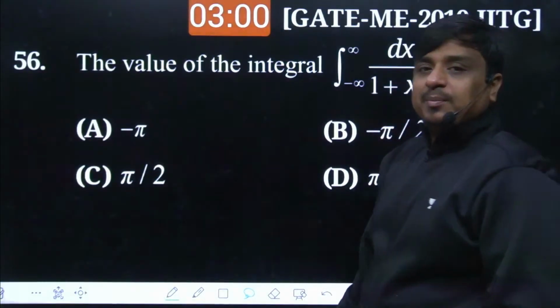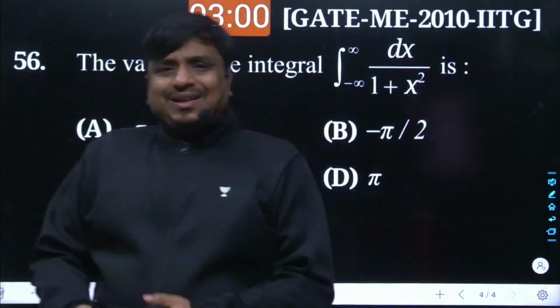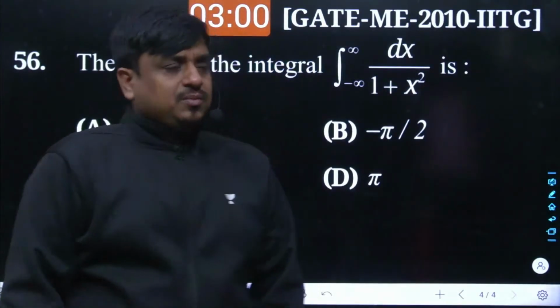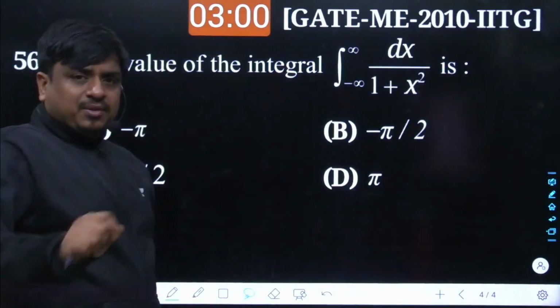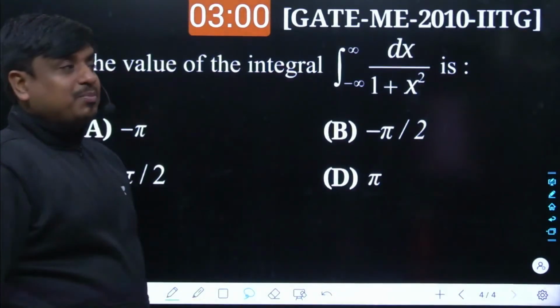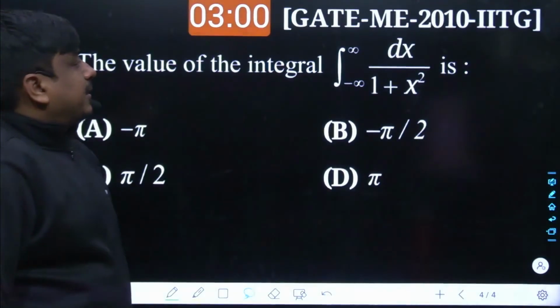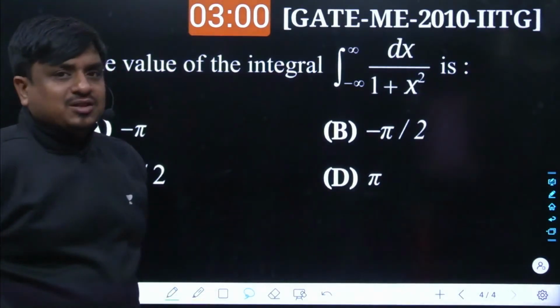So many students may get trapped, sir, whether the answer may be divergent for this given question, and even if an option was given as divergent, many students may get confused.